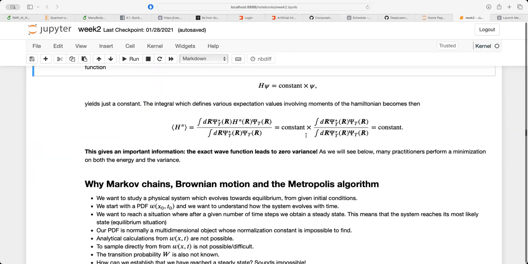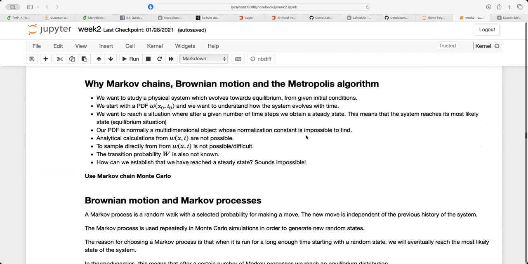So if you now go back to the basics here, we want now to study a system which evolves towards an equilibrium and with some given initial conditions. What we will have is a model for the initial probability. So this can be the Boltzmann distribution, or in our case, it is the wave function squared.